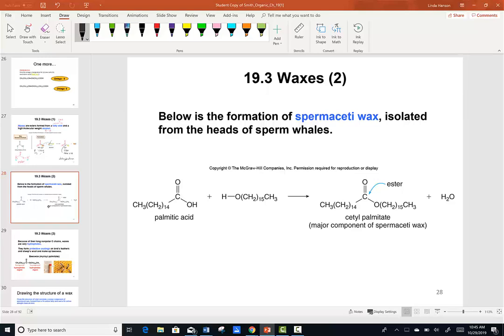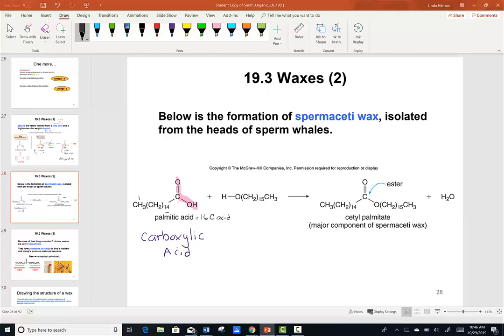We begin with a carboxylic acid, and I want to emphasize, we know that it's a carboxylic acid because I see the COO functional group, COOH. This particular acid, palmitic acid, is a total of 1 plus 14 and 1 more gives me a 16 carbon carboxylic acid.